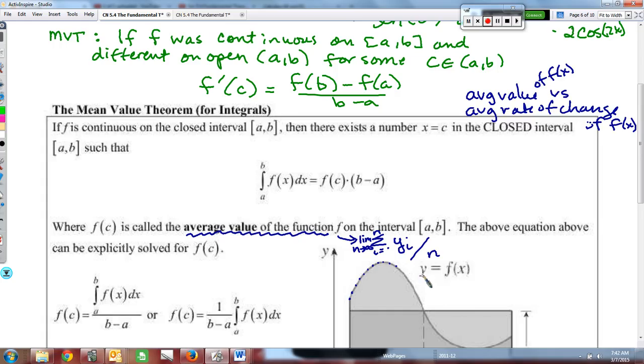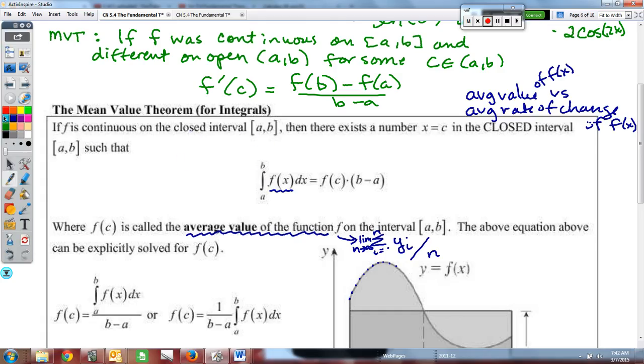Now, hopefully you can see that they're going to give you a formula here. Now remember that the f that they're talking about here is the function in the integrand for the integral. So this actually is a quote-unquote derivative already. All right. So we're looking at the function in the integrand, and we say, okay, that function has to be continuous on the closed interval. Why do we need that requirement?